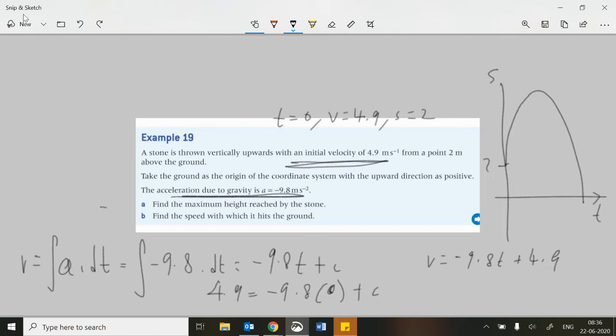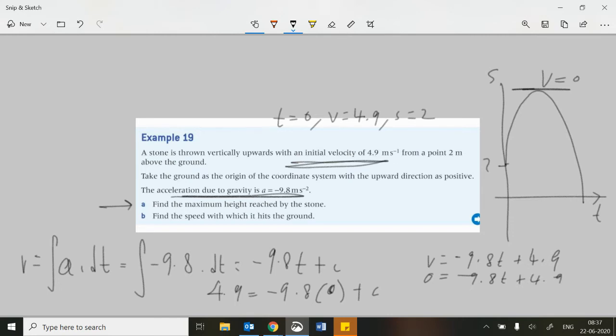What am I actually trying to find? By the way, I'm trying to find the maximum height reached by the stone. The maximum height is here. It's when my velocity is equal to 0, or ds/dt is 0. So I set my velocity equal to 0 now: minus 9.8t plus 4.9 equals 0.